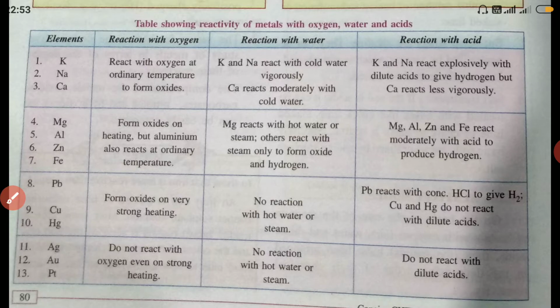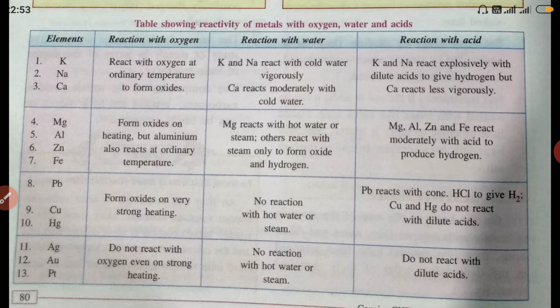Next group: magnesium, aluminium, zinc, iron. Reaction with oxygen: all of them react with oxygen and form oxides like magnesium oxide, aluminium oxide, zinc oxide, iron oxide. Aluminium and magnesium can react at ordinary temperature, but for zinc and iron, I think we need to heat them.